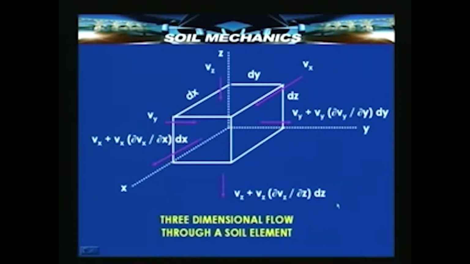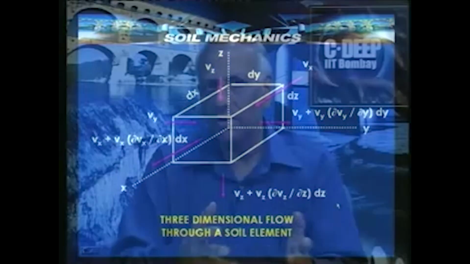So, now the flow equation, very similar to the 1-dimensional consolidation flow, will lead to once again an expression in which there is a volumetric compression, and the rate at which that volumetric compression takes place can be related to the total quantity of outflow and the rate at which the total outflow takes place.